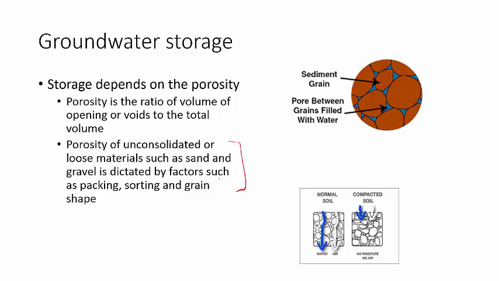When you take soil mechanics, you'll talk somewhat about porosity as well. So you have your soil grains, and then the water can be stored in the voids of the soil. Whenever you have loosely or uncompacted soil, you will have more porosity than if you have compacted soil.